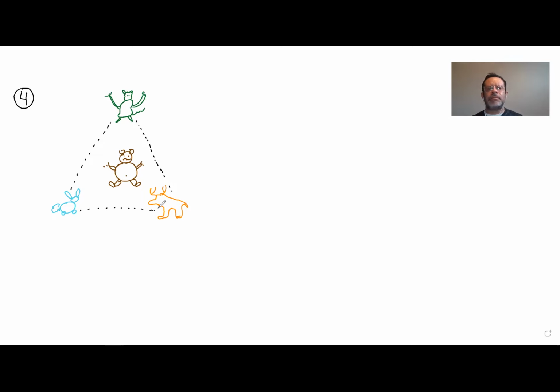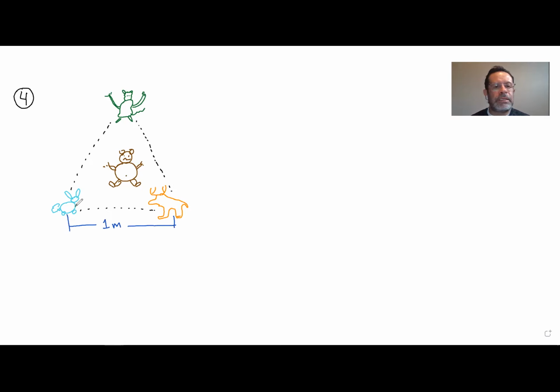And there's some information we're being given regarding this triangle. And so we've got some distances here. We know that the distance between the bunny and the deer is 1 meter.